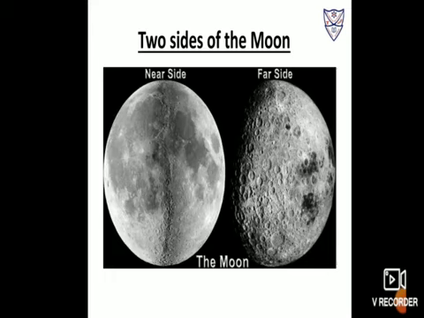The side of the Moon that faces the Earth is called the near side, and the opposite side is called the far side. The far side of the Moon was first photographed by the Soviet Luna 3 probe in 1959.